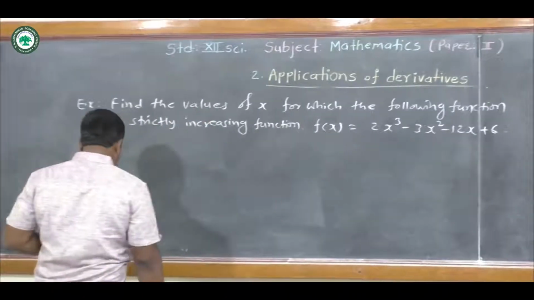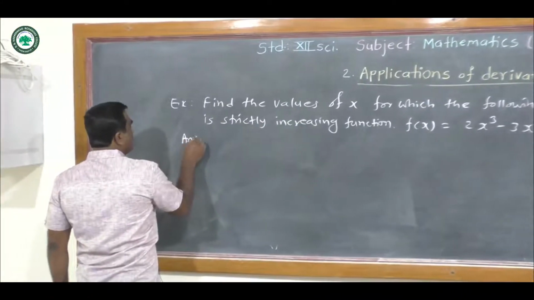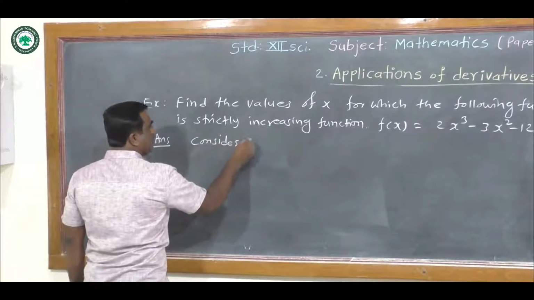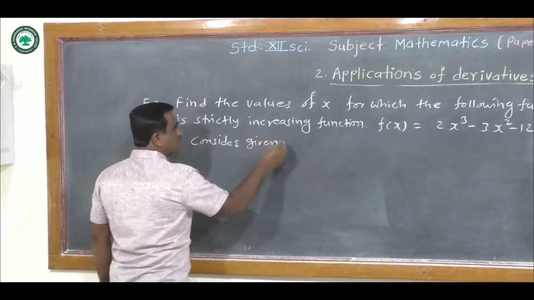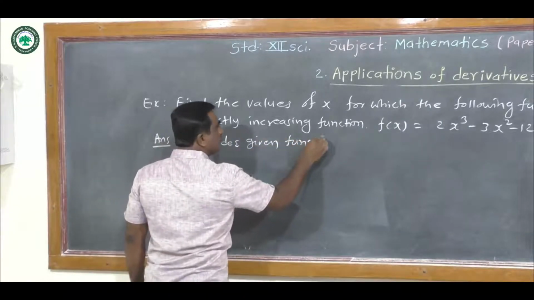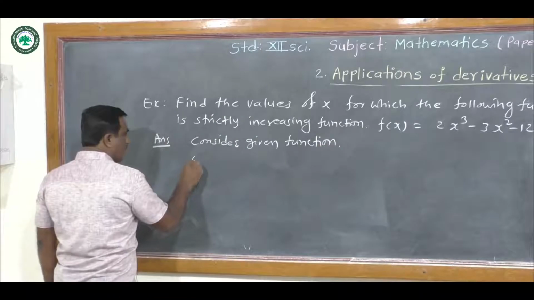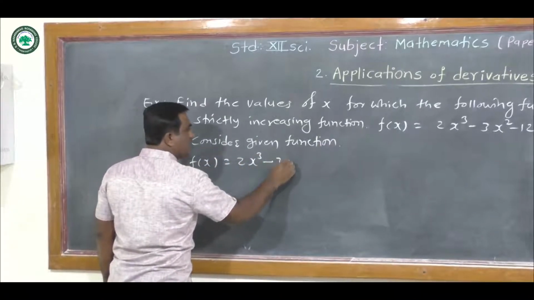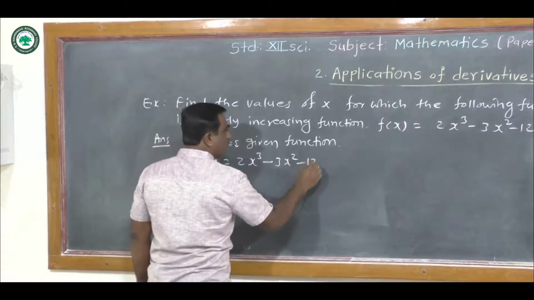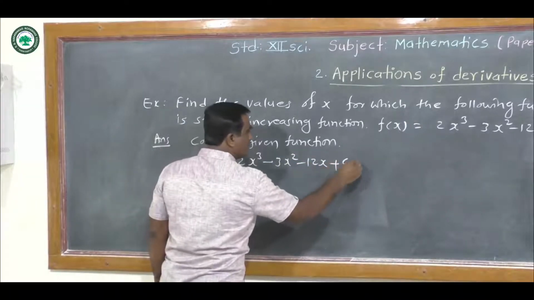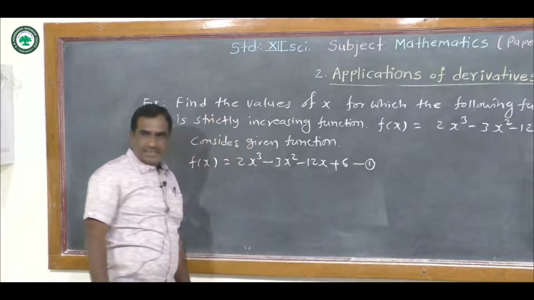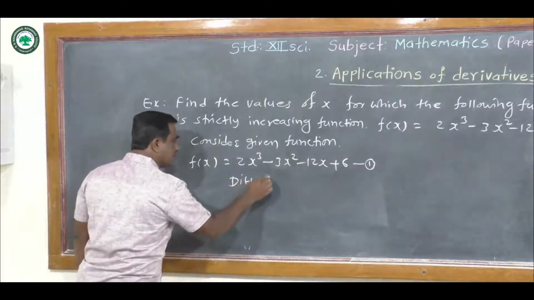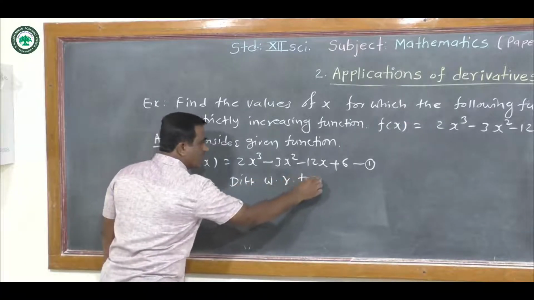Now we see the answer for this example. Consider the given function, that is f of x equal to 2x cube minus 3x square minus 12x plus 6. Say this is equation number first. Differentiate with respect to x.